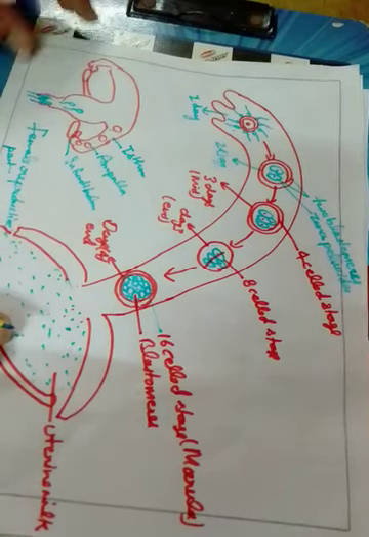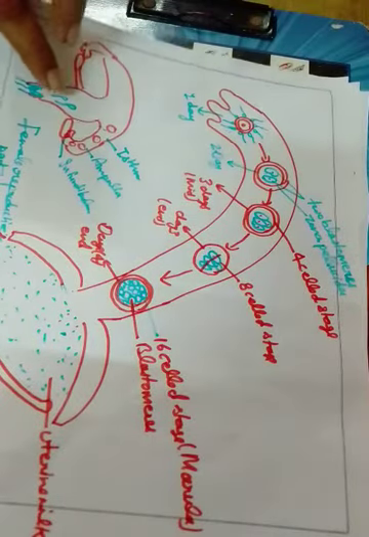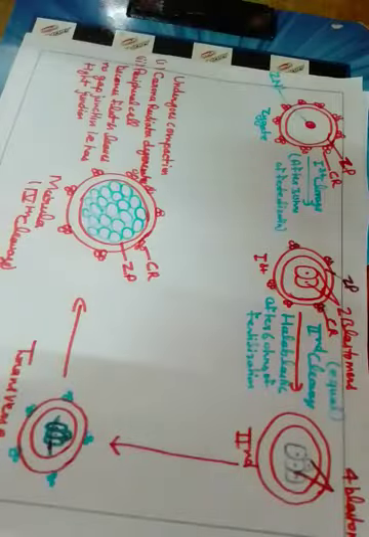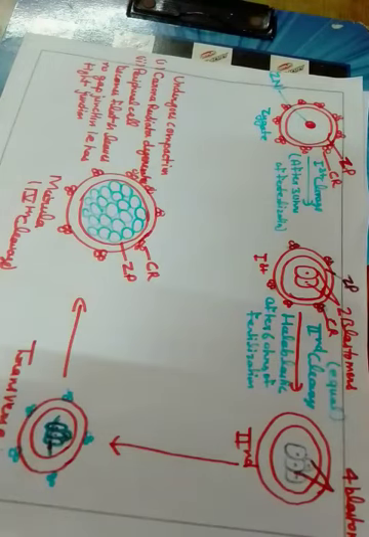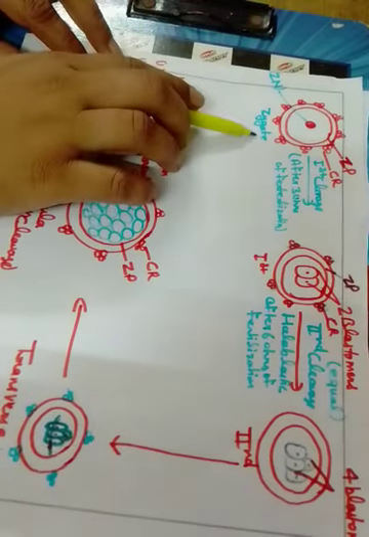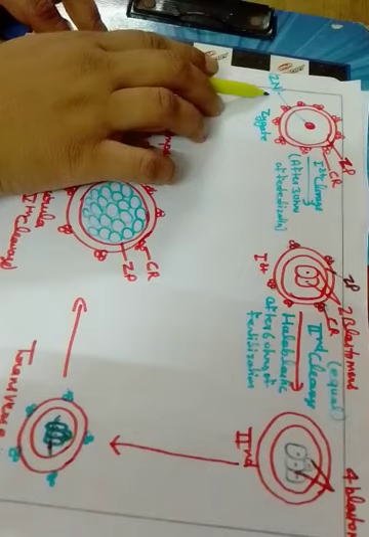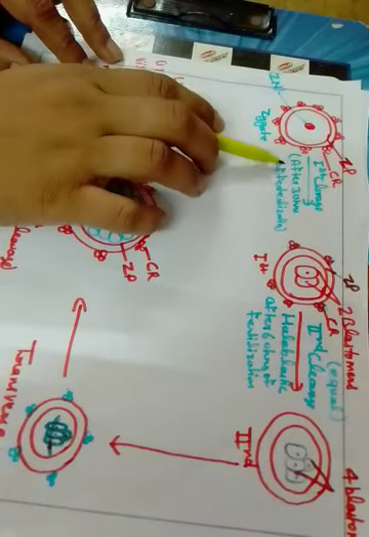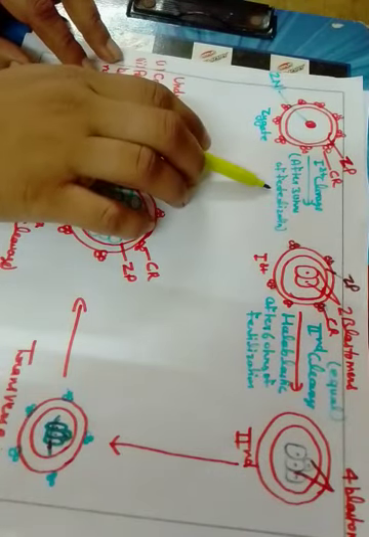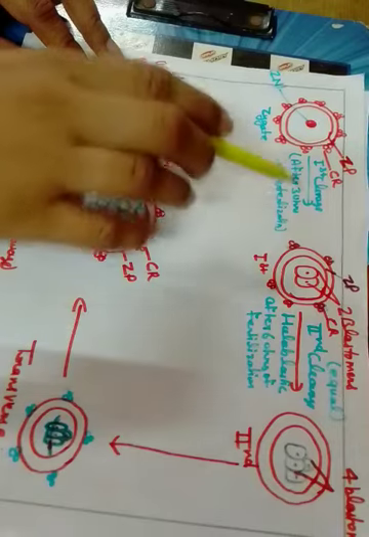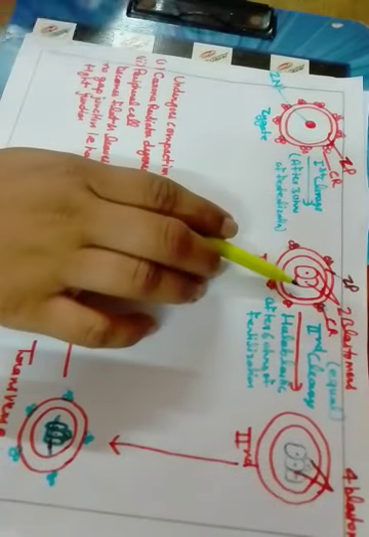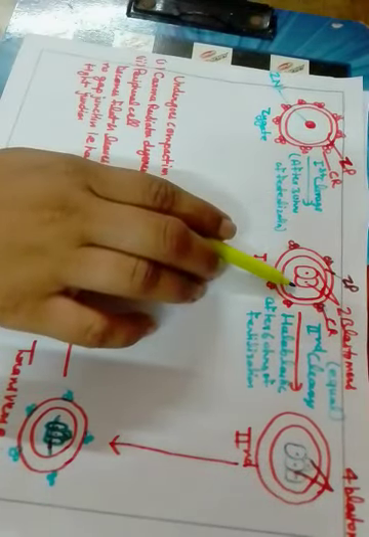Okay, now how can you explain these changes? First of all, zygote, they are diploid. First cleavage after 30 hours of fertilization. Okay, now they change into two blastomeres.